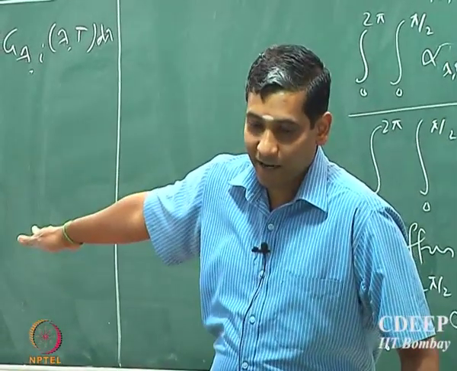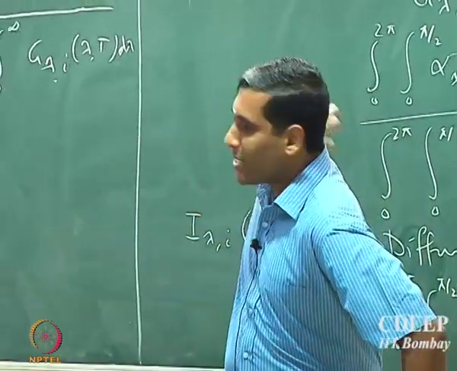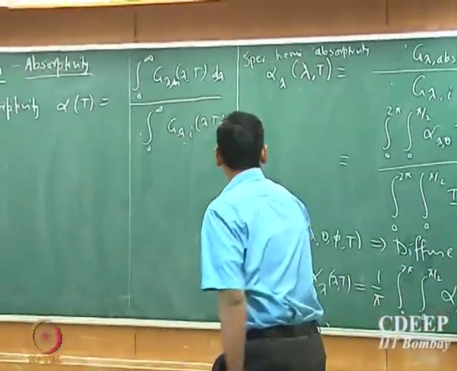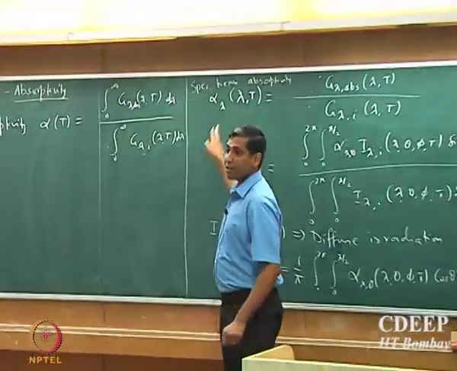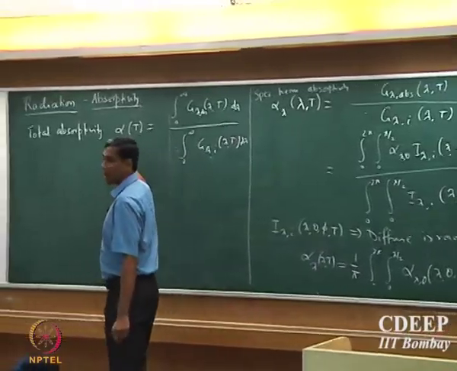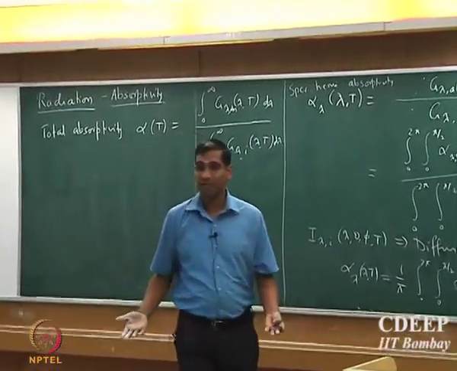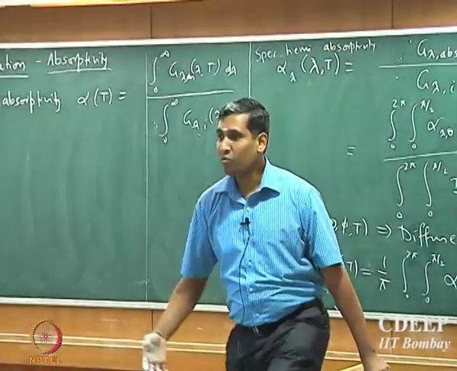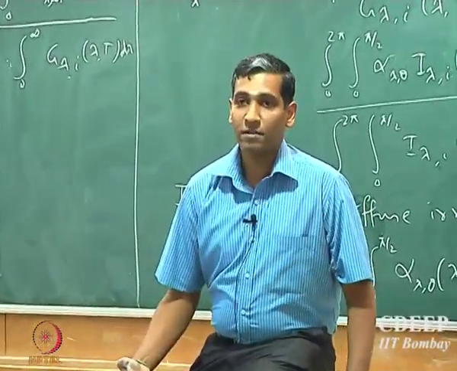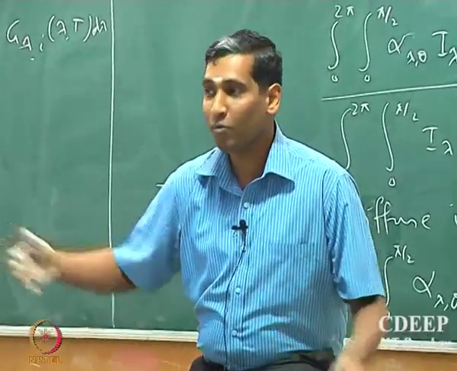In fact, after this lecture, I'll probably not even write these integrals. When I say it's subscript lambda, it's understood that it's spectral hemispherical. If I write simply alpha without a subscript, it will be the total quantity. So you must understand what these integrals are as quickly as possible, otherwise it will be very difficult to follow what's happening in the class.